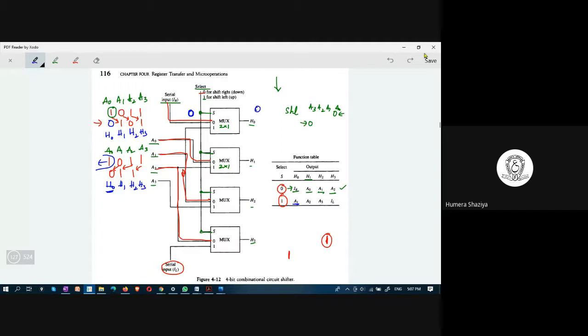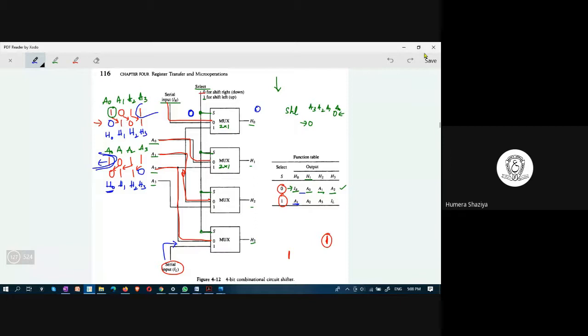From here you are getting serial input for H3. This A3 is coming out, eliminating. Here A0 is eliminating.